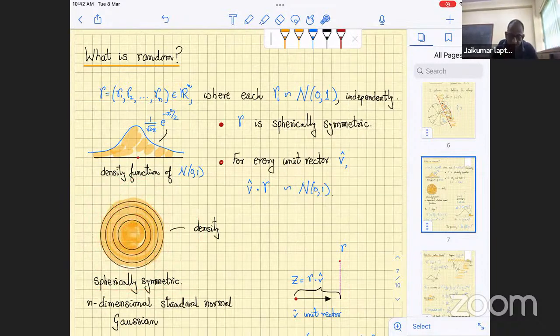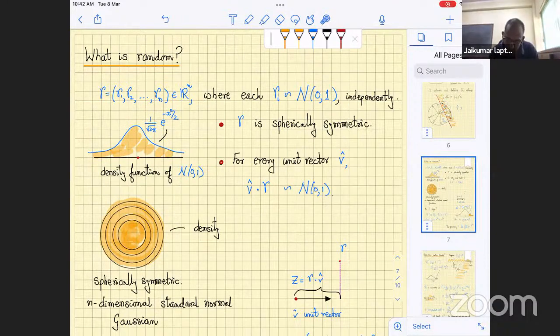You should think of it as a little mountain in n dimensions. Points which are at greater and greater distance have reduced densities.